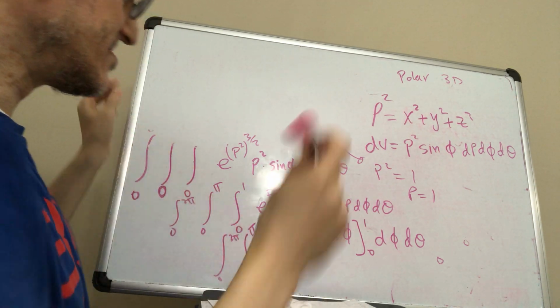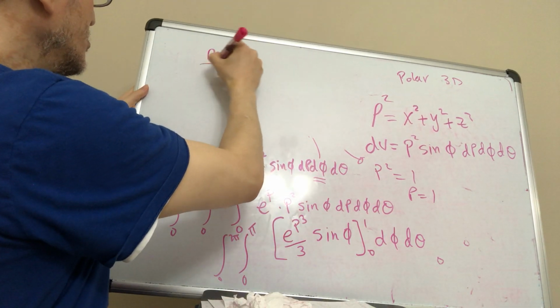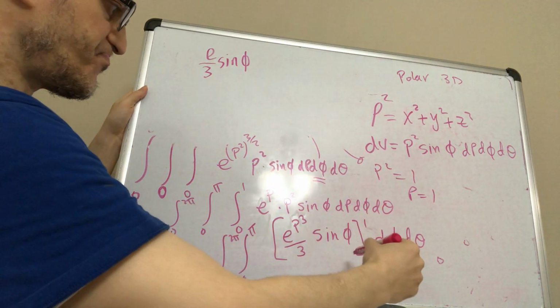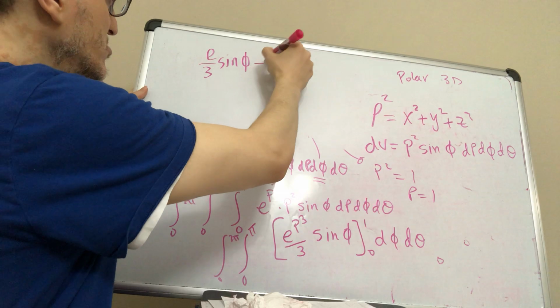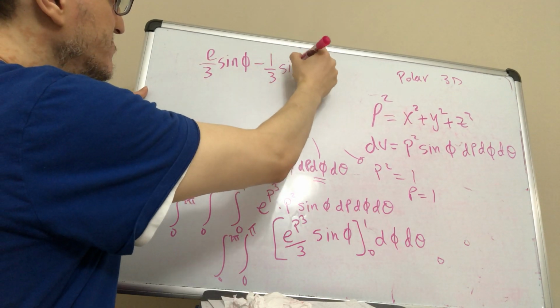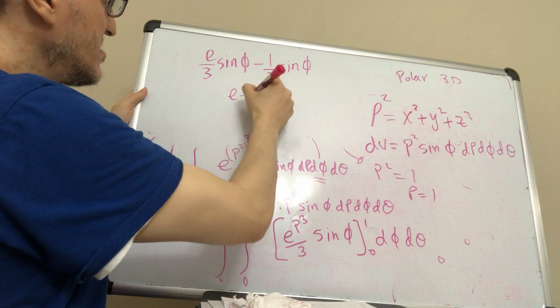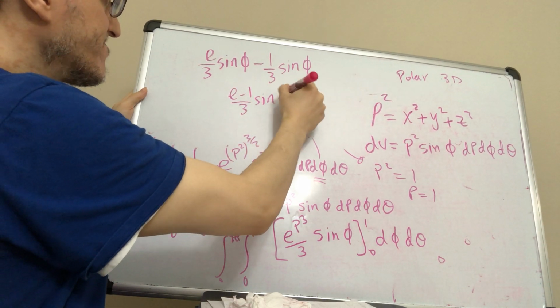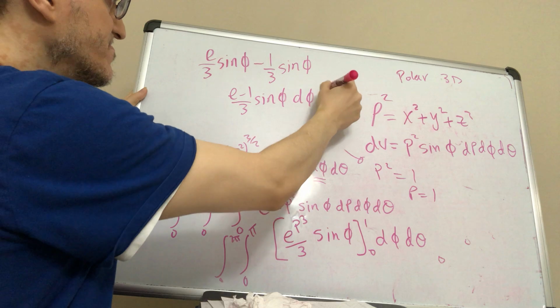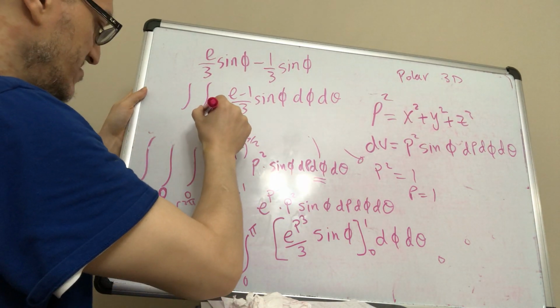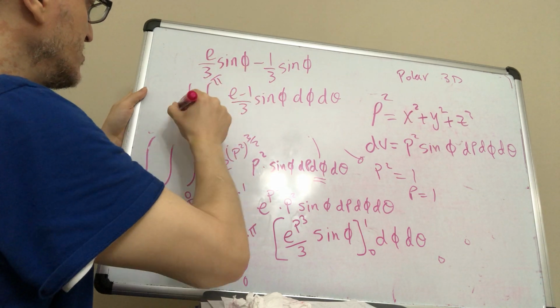We plug 1, it would be e over 3 sine. You plug 0, it would be 1 over 3 sine. Or basically, it's e minus 1 over 3 sine, d phi, d theta, and it's 0 pi, 0 2 pi.